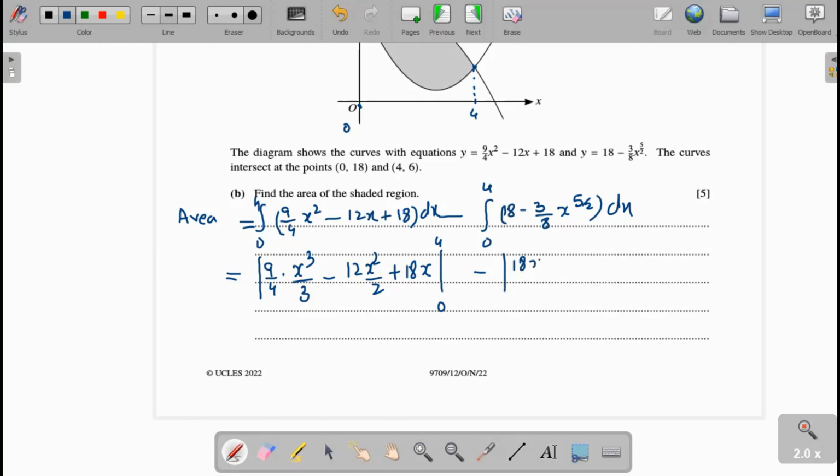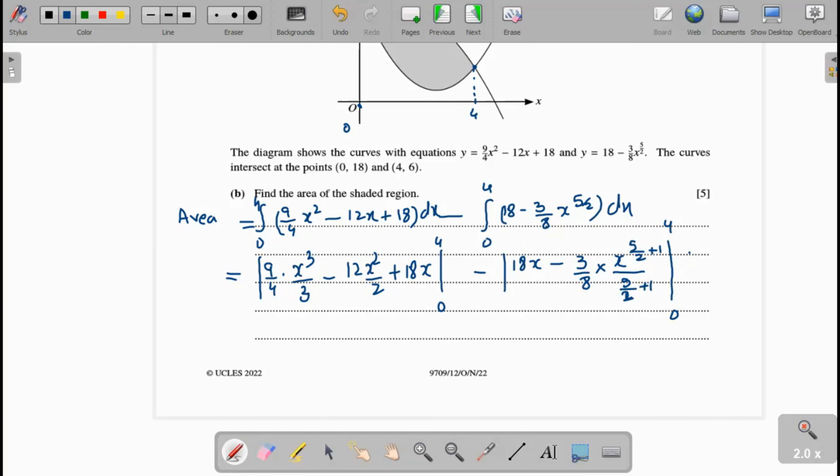The integration of 18 minus 3 over 8 is written as it is, into x power 5 over 2 plus 1, divided by 5 over 2 plus 1, and that limit is 0 to 4.